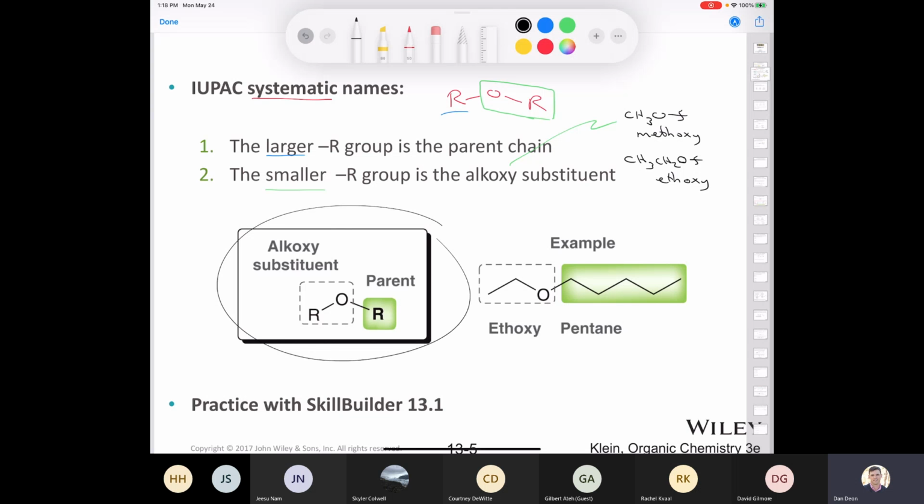You have the alkoxy substituent attached to your parent. So if you look at this ether over here, the longest carbon chain has 1, 2, 3, 4, 5 carbons in it. So this is some kind of pentane, and you have an ethoxy group on carbon number 1. So you would call this 1-ethoxypentane.